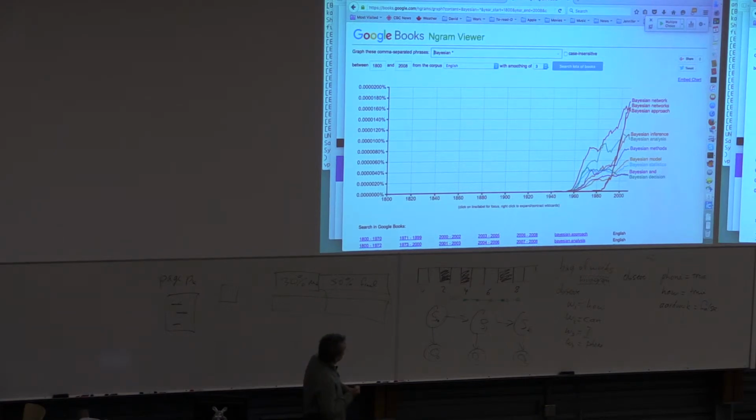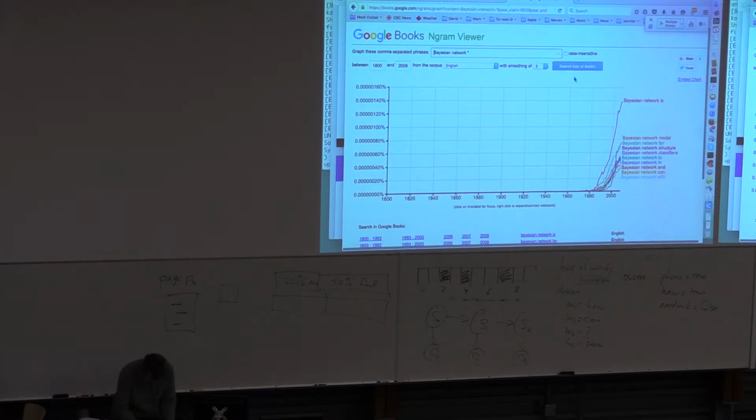And the top one currently is Bayesian network. So if you see the word Bayesian, you'll probably see network after it. If you see Bayesian approach, Bayesian inference, Bayesian analysis, you can predict what the next word is. And if you type Bayesian network, you can find out the following word for that.